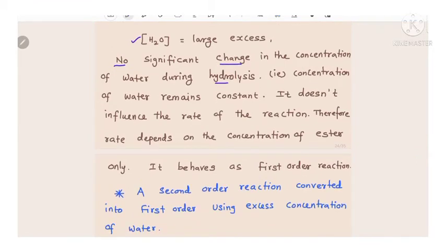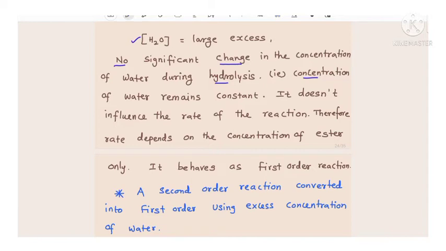Which means the concentration of water before the hydrolysis of ester and after hydrolysis of ester remains almost constant. If the concentration of one substance remains constant in a chemical reaction, then that cannot influence the rate, isn't it?